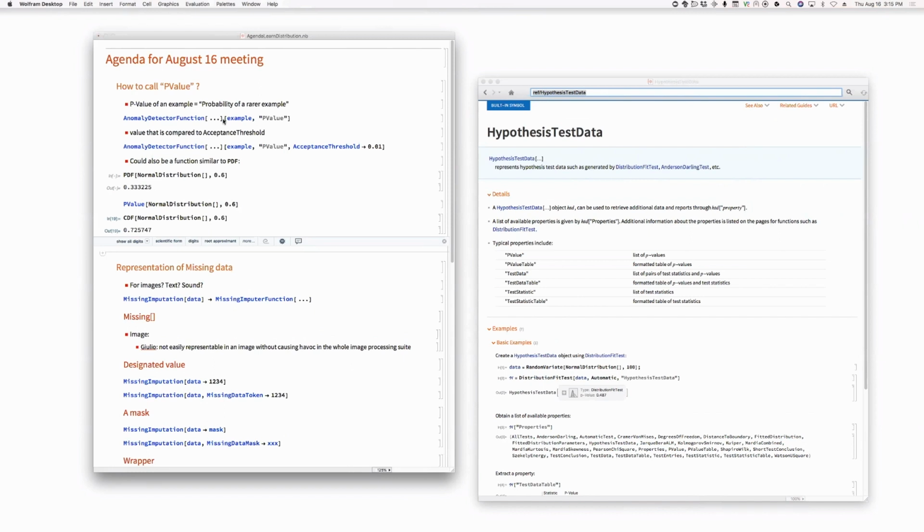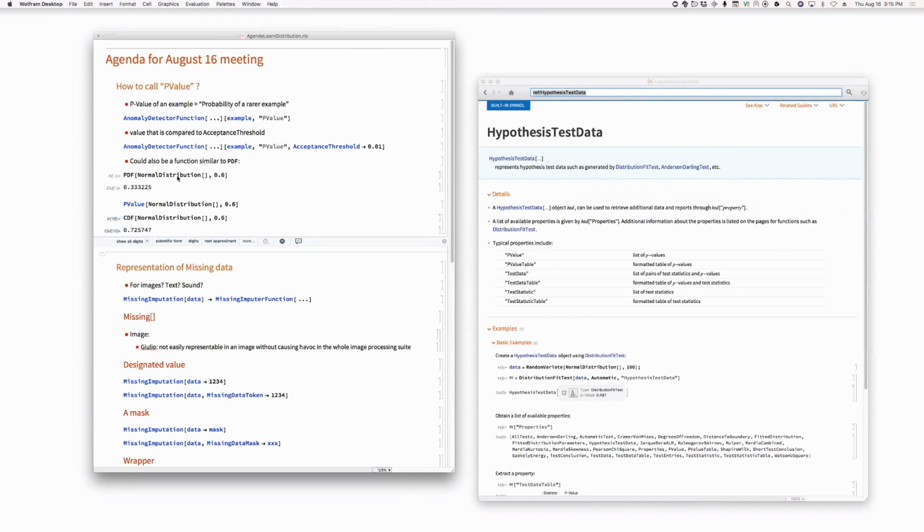The way it works is that you compute a p-value from an example, and then it's compared to the acceptance threshold. So the question you're asking here is, if the distribution was a normal distribution, what is the p-value associated with an observation of 0.6? That's what I want the string property p-value to return, yes.